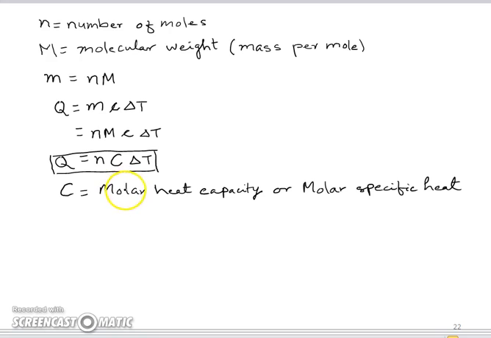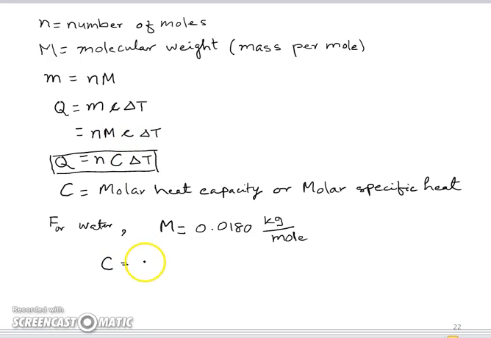And for water, M, the molar mass or molecular weight, is 0.0180 kilogram per mole. That's what we mean by mass per mole. Then C, the molar heat capacity or molar specific heat, will be given as M times c, remember.